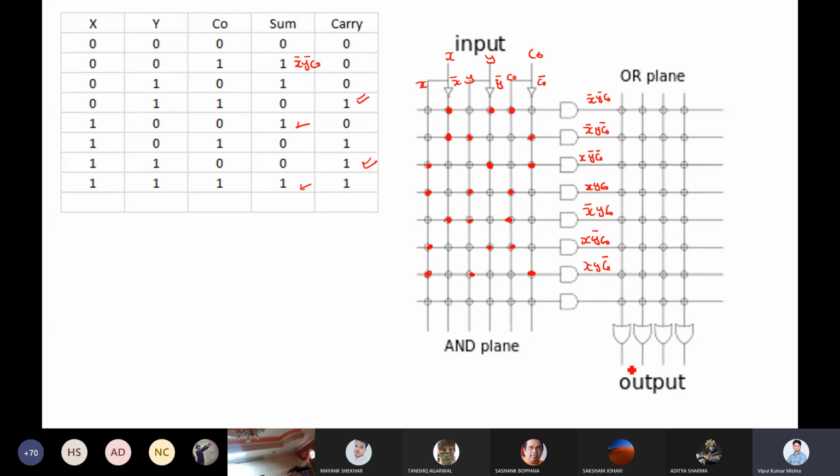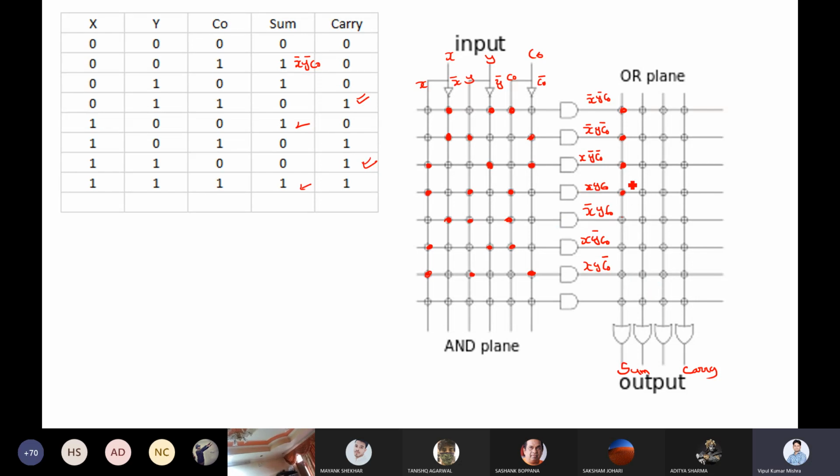Now from this, suppose you are looking for sum in this line and carry in this line. What you will do is take these values and plug them in. So you will get the sum.